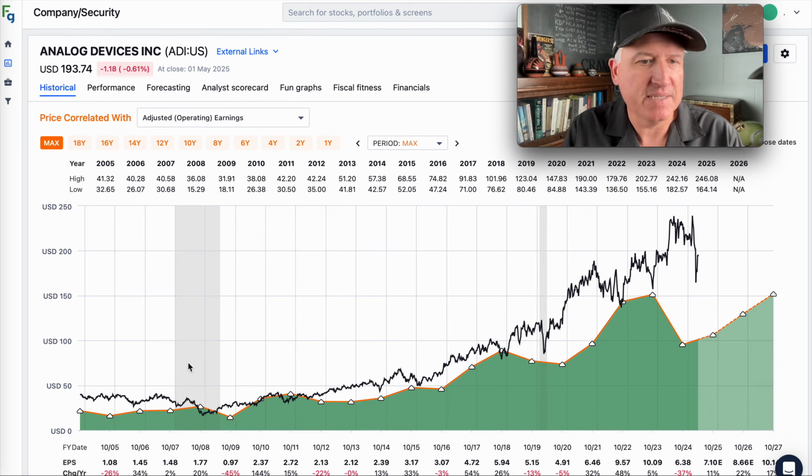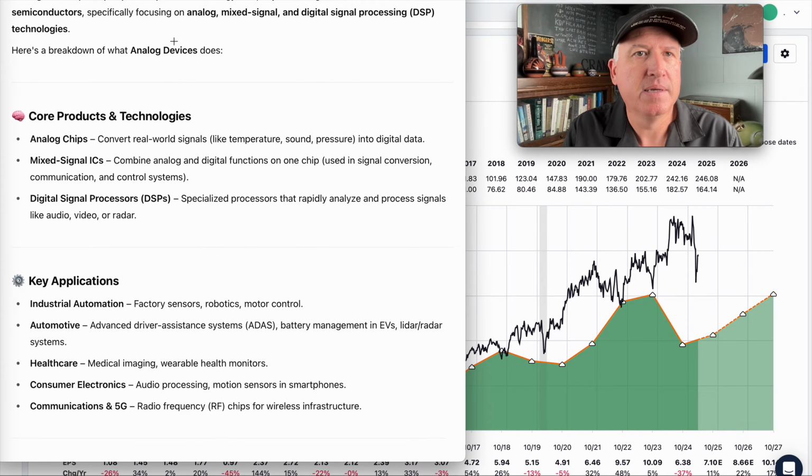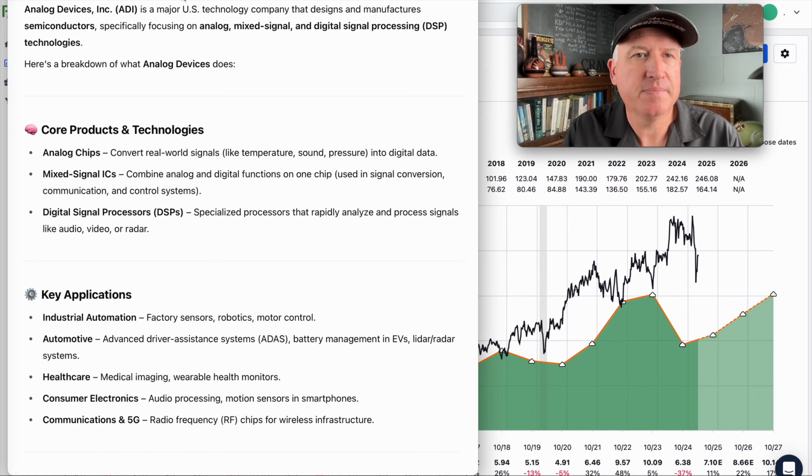So Analog Devices, let's see what they do here. They manufacture semiconductors, focusing on analog, mixed signal, and digital signal processing technologies.